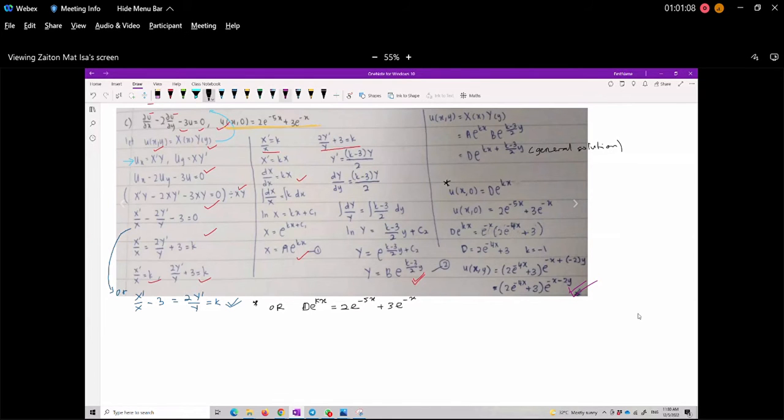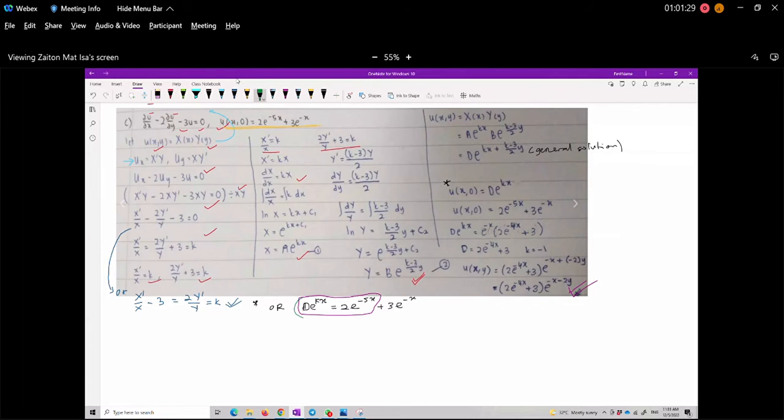If you have two terms on the right hand side, you need to consider two cases here. One is you compare with this term. You take one term each time.